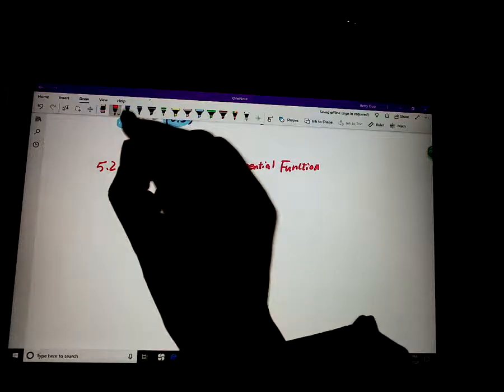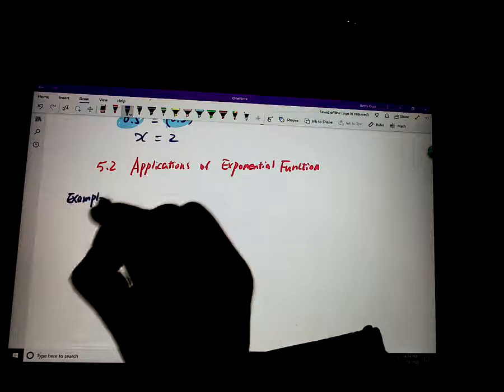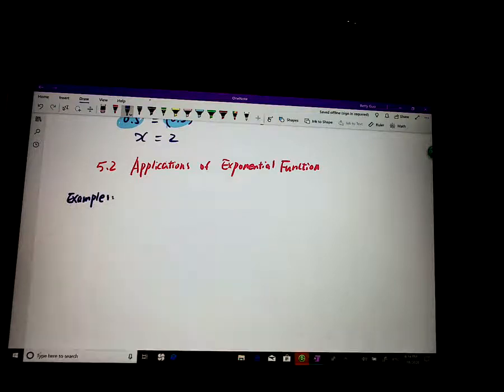Example 1. Do you remember in the previous video, we divided exponential functions into 2 categories. The first category, exponential functions have the base bigger than 1. If the base is bigger than 1, then the exponential function is increasing.